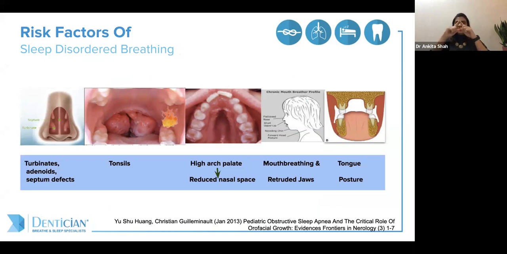Now I want you to imagine that's your nose and that's your palate. When the palate is nice and wide, we have a nice wide nasal cavity. But the minute the palate goes narrow, we have a narrow nasal cavity, which makes nasal breathing all the more difficult. Mouth breathing, retruded jaws because of mouth breathing or because of some other reasons.